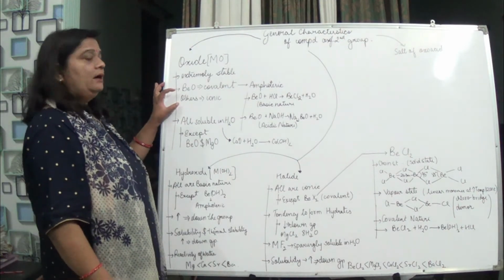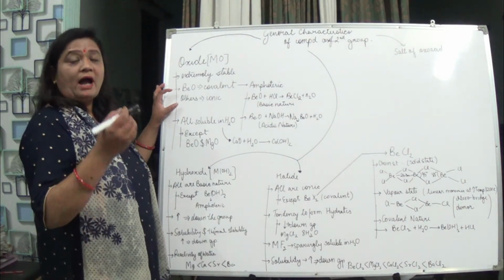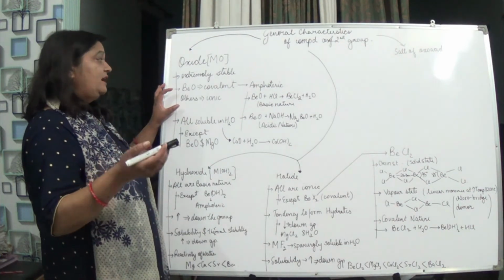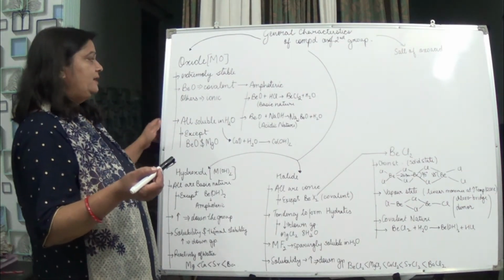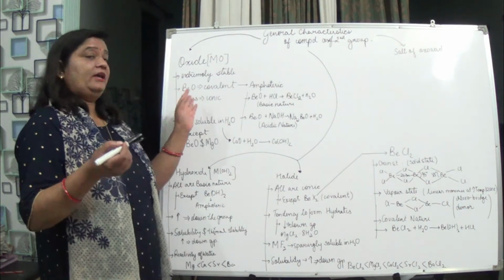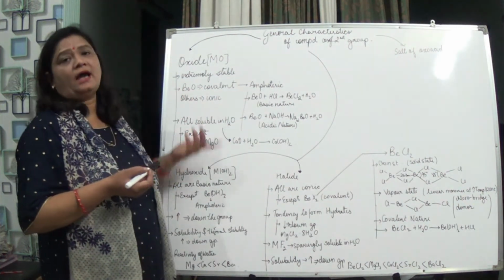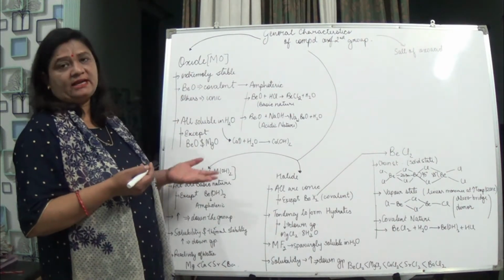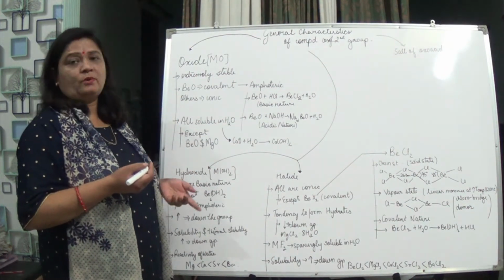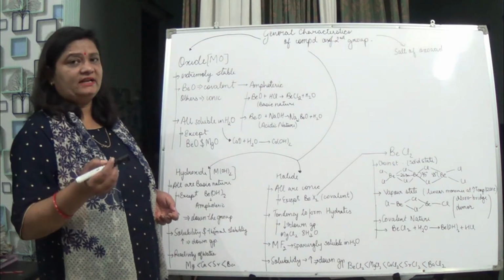And the others are ionic in nature. If they show ionic properties, they are basic in nature. The other oxides like MgO and calcium oxide are basic in nature.